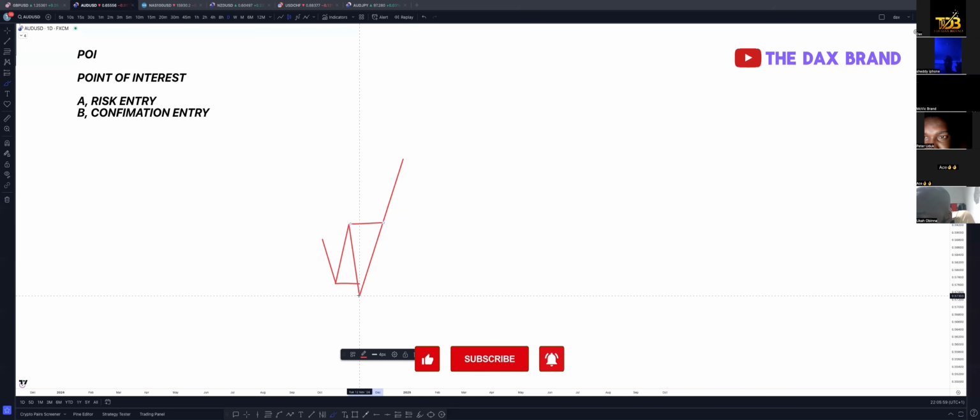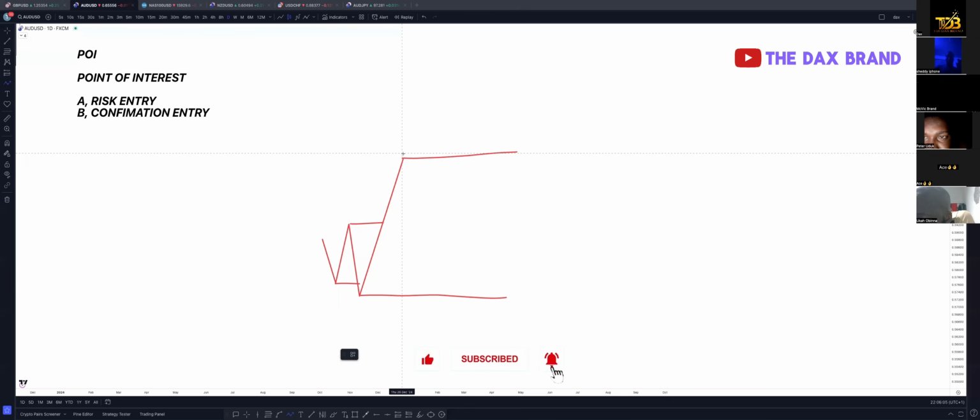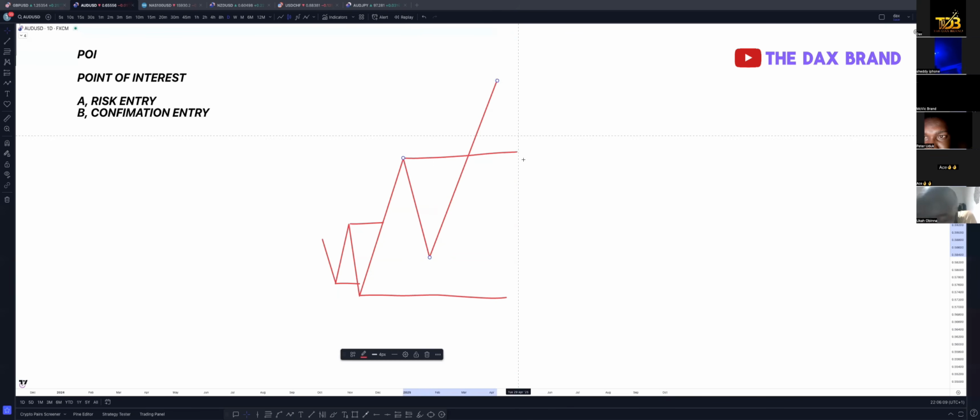That means this low is expected to be protected and this high as well, right? Then we have our structural liquidity within it as well. So this low to this current high is our swing structure.